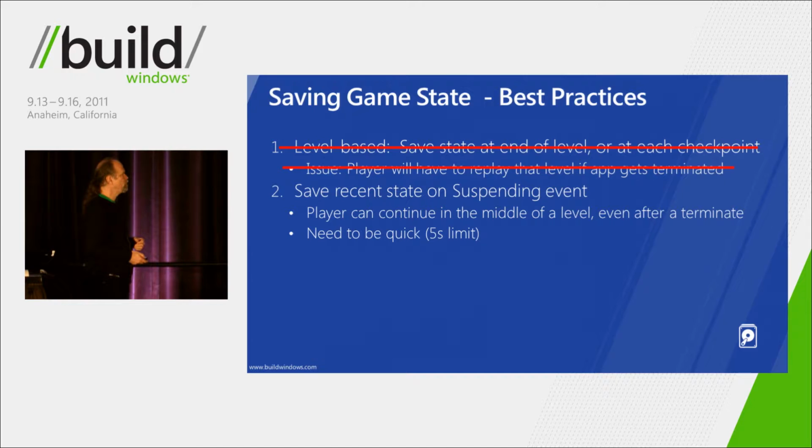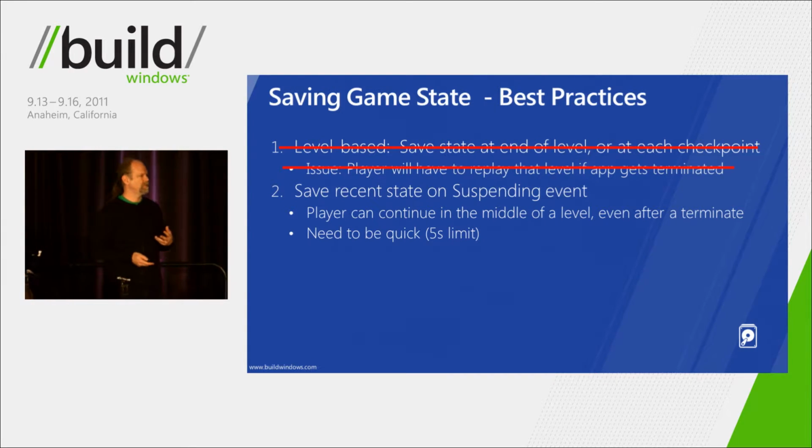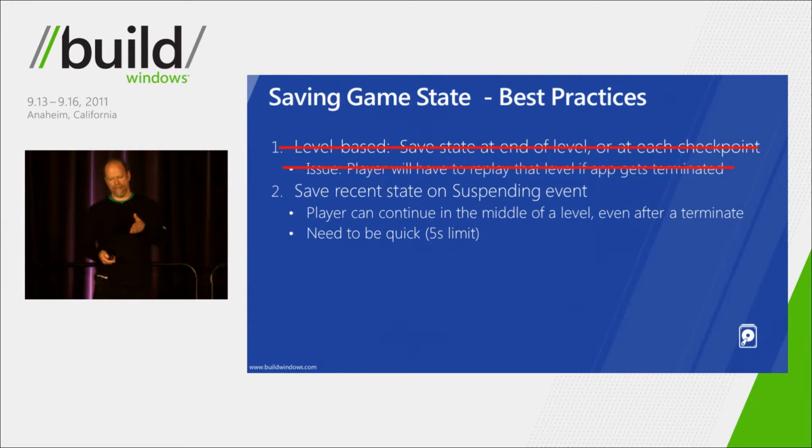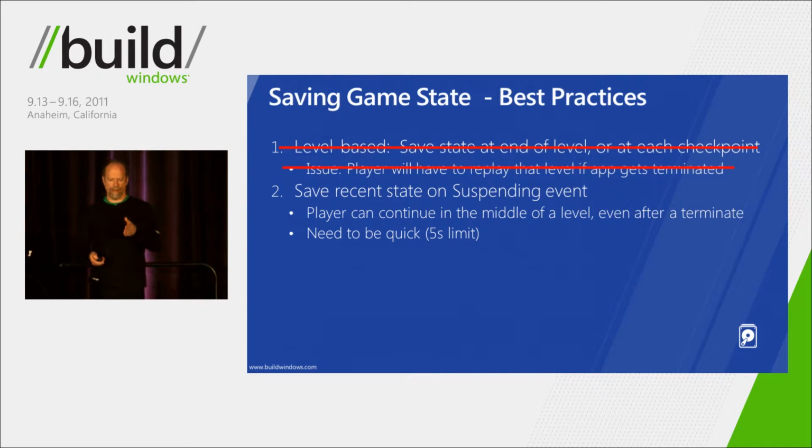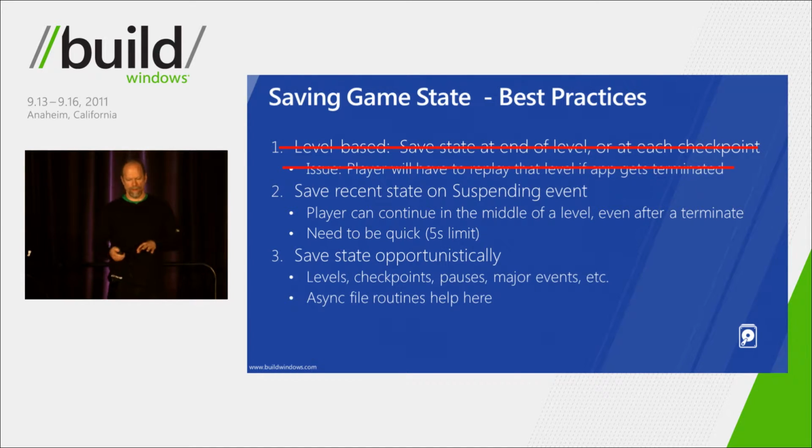And what we need to try to do is get applications to save as close as you can to the end of where you are during the suspend. And in many cases, though, this means that you will not be able to save out an entire multi-megabyte save game at that point because you've only got 5 seconds. So the recommendation there is that whenever you get a chance, save the state that you've got.